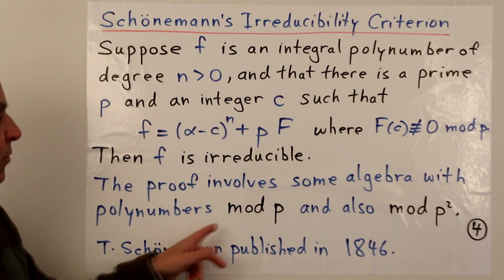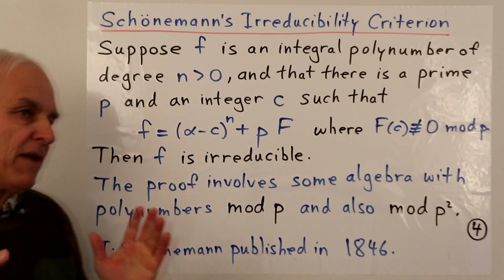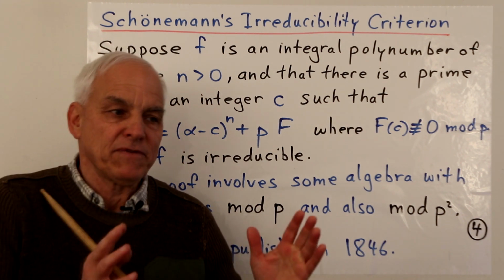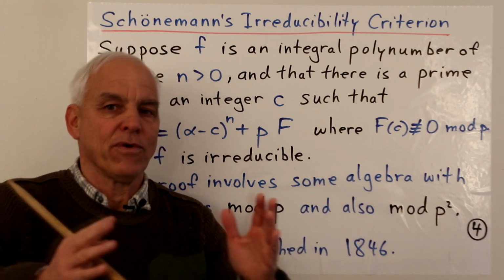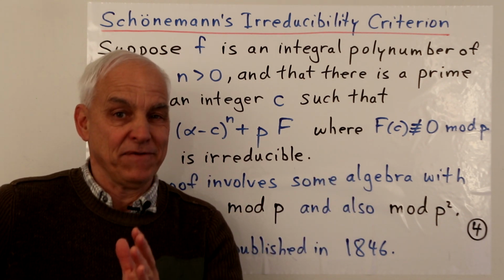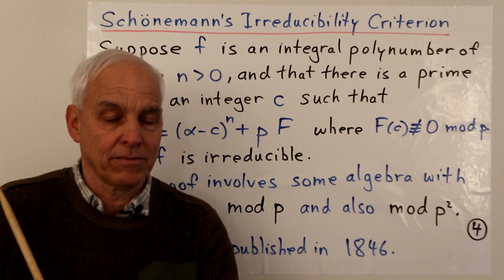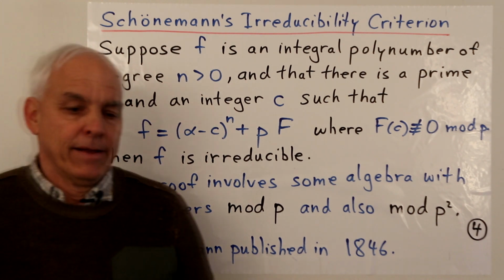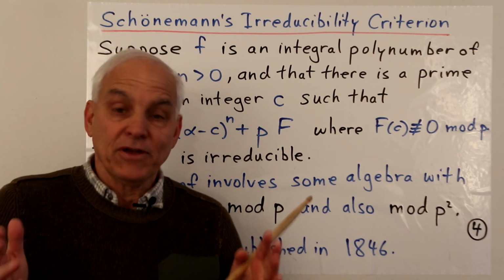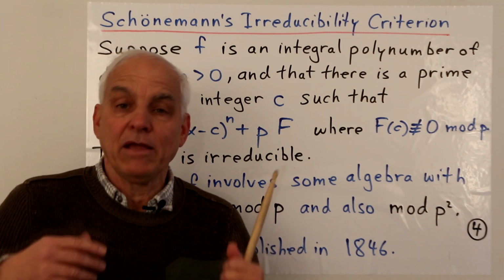Okay, so what's involved here? We have to do a little bit of shifting from algebra with integers to algebra over essentially a finite field, a field with p elements. Basically what you need to know is that to work with this field of p elements, or mod p, we're setting p equal to 0.